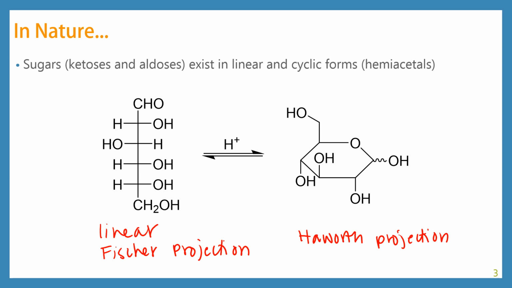Notice that the cyclic form is actually a hemiacetal. So this carbon here used to be a carbonyl. It's this one here that used to be part of an aldehyde. So this chemistry is really, really cool, and we'll actually talk about this more at another point.